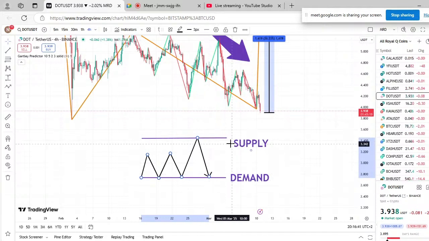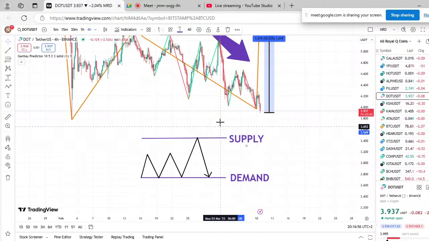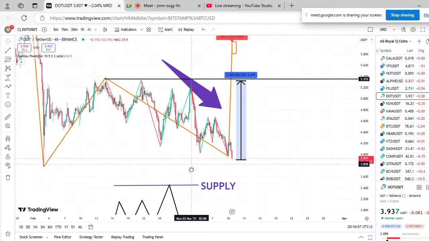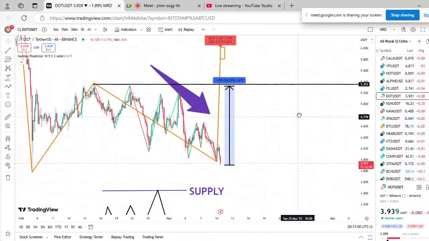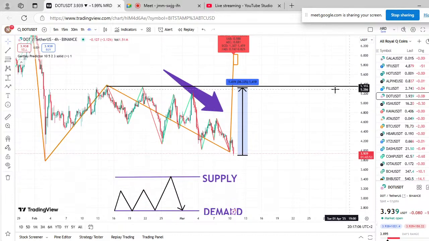Then the supply level can definitely be supply. It can also be what we call the resistance level. It can also be what we call the premium level. This supply level can be those three words. Are we together? So whenever you see the market dropping, you should know that there is a reason behind it.